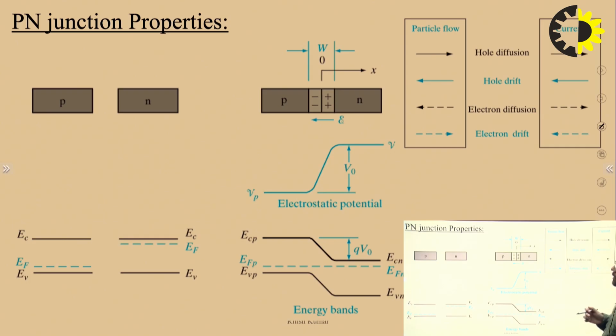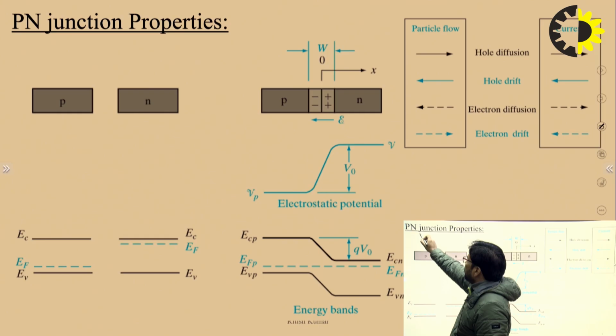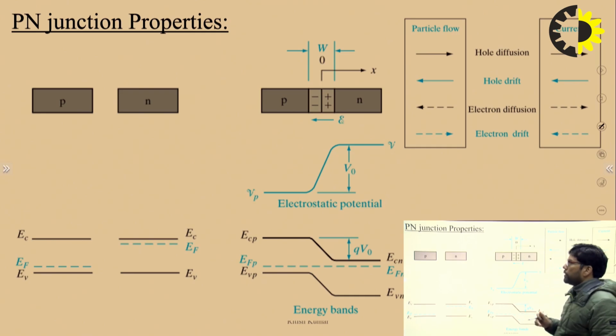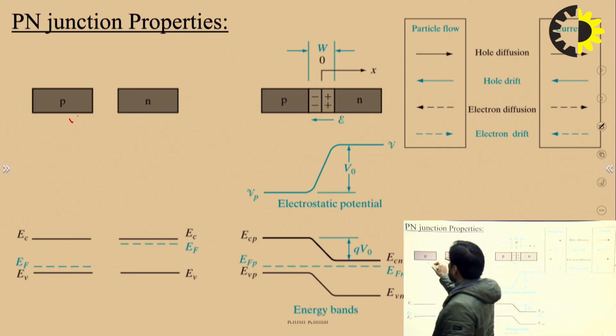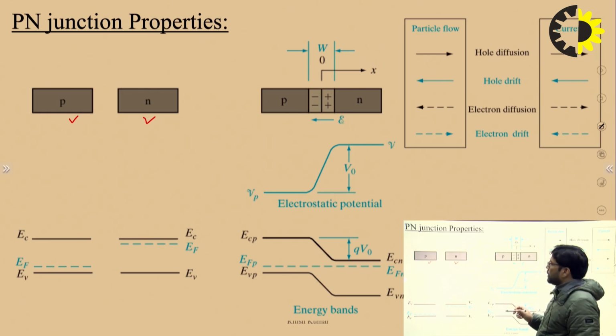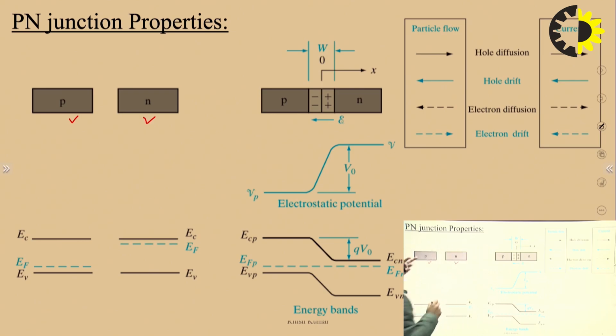As you can see, this is a PN junction. We call it a PN junction because it has two kinds of semiconductor. The first one is P type and the second one is N type. If you look at the energy band diagram of P type semiconductor, as you can see here, in the last slide we have already studied the energy level diagram.